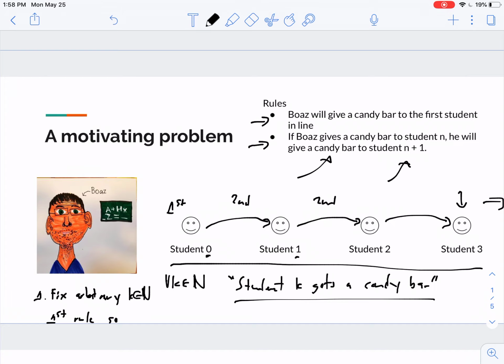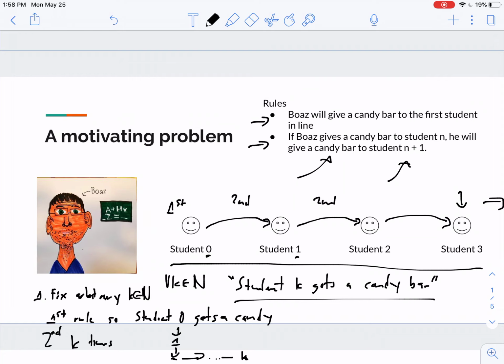So student 0 gets it, right? They get a candy bar. And then we can apply the second rule k times. And what that will do is it'll go from student 0 to student 1 to student 2, all the way to student k. And that will mean that student k gets a candy bar. So thus, we've now proven that every student gets a candy bar.